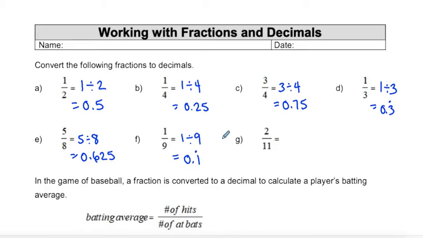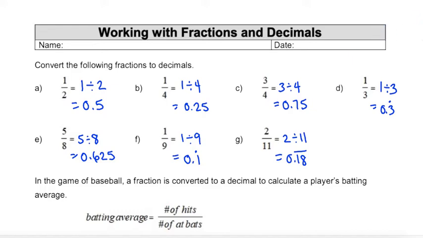So we can place the dot over the 1 to recognize that that repeats forever and ever. And lastly, 2 over 11 is the same as 2 divided by 11. And 2 divided by 11 is 0.18181818, and so on. We're going to place a line above 1 and 8 because those two numbers repeat forever and ever and ever.